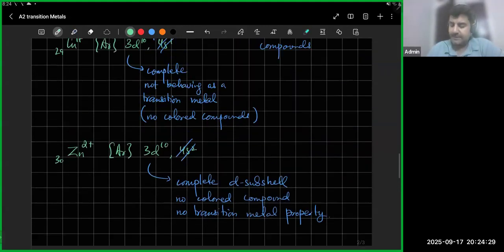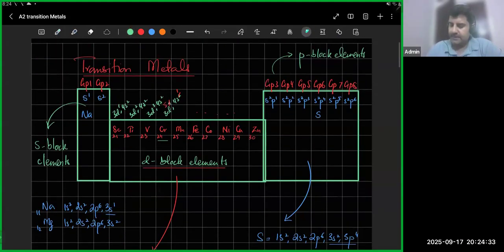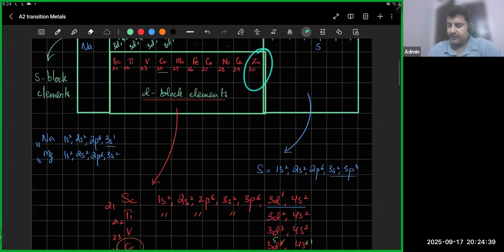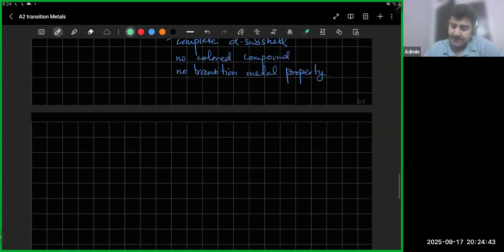Remember, zinc is not a transition metal, and neither is scandium. Scandium is the first one in the block. Zinc is not a transition metal, so is scandium, because the stable ion of scandium doesn't really have a d subshell to begin with. It's got 21 electrons. The stable ion is 3 plus. So its electronic configuration would be argon, followed by 3d1, 4s2.